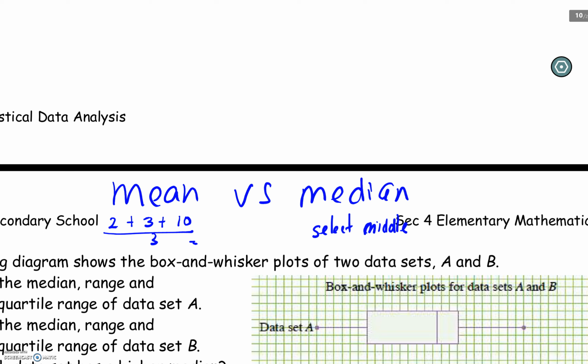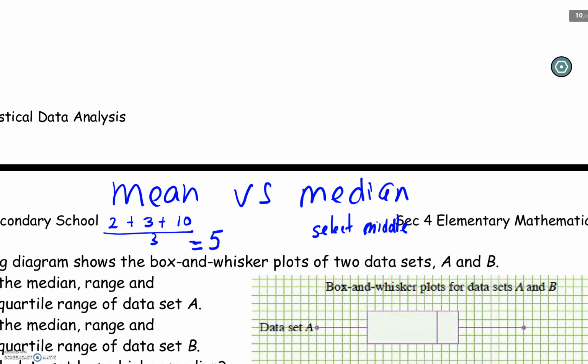Can you calculate the mean? What is the mean? 2 plus 3, this is 5 marks. That means the mean is 5 marks. Can I say, oh, the whole class on average score 5 marks? Cannot, 2 actually fail. You see? Can I say, oh, this class not bad, the mean is 5 for everyone class? Can you say that? Cannot, because 2 fail.